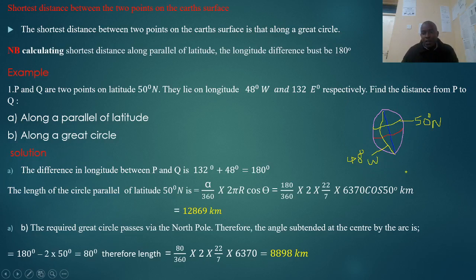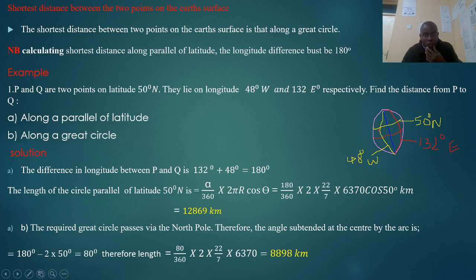And I have 132 degrees to the east. So if I have 132 degrees to the east, I have that as 132 degrees east, and both of them are on the same latitude.